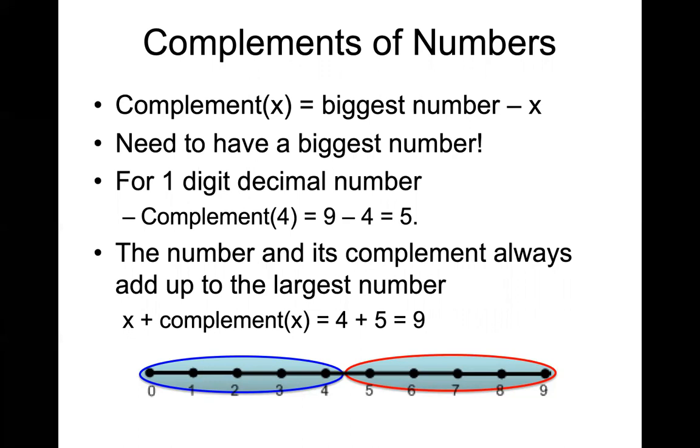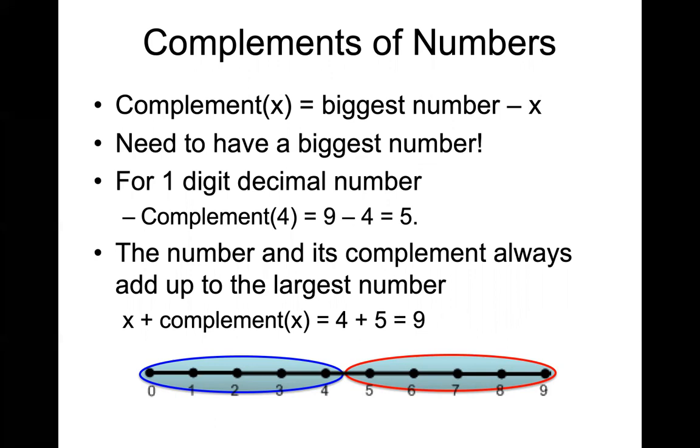So for the single decimal digit that we're talking about for this lecture segment, that's 9. So if we take the number 4 and we want to figure out its complement, the complement of 4 is the biggest number, 9, minus 4, and that equals 5. So another way to take this equation is to rearrange its terms a little bit, and then we get that the number plus its complement always has to add up to the largest possible number.